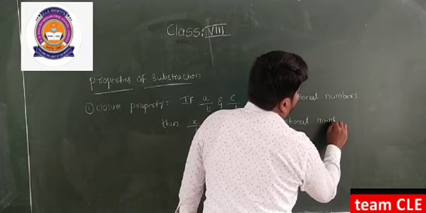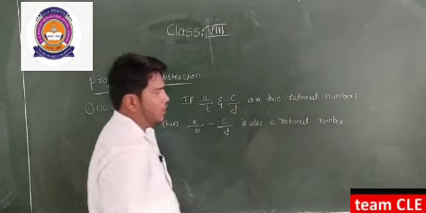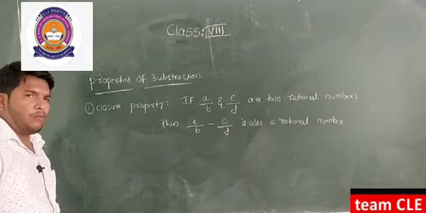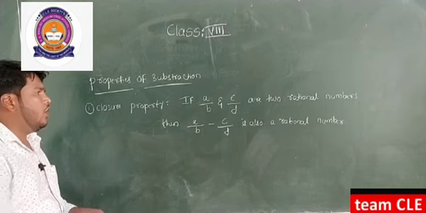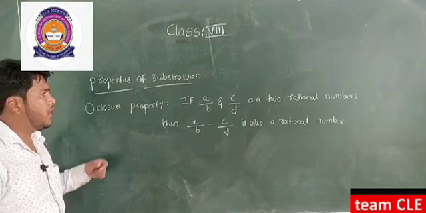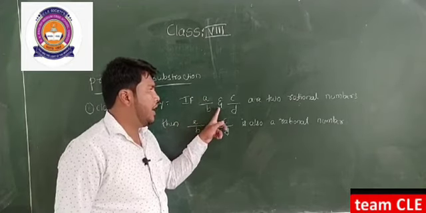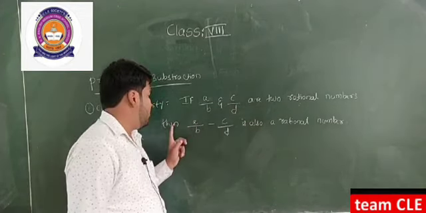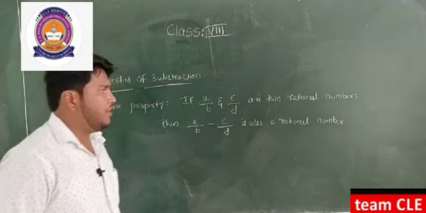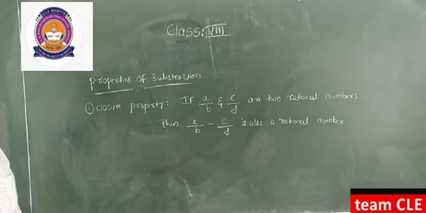By solving the example we will come to know whether the closure property holds good for subtraction. We need to verify.